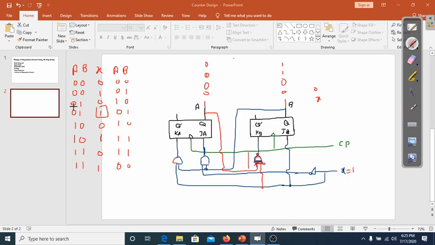We will reduce the state table by using some method of state reduction, and also we'll discuss the state assignment, and we will use some different flip-flop, maybe RS flip-flop, to design the sequential circuit. That's it. Thank you.